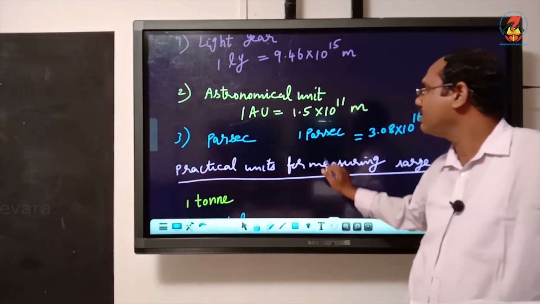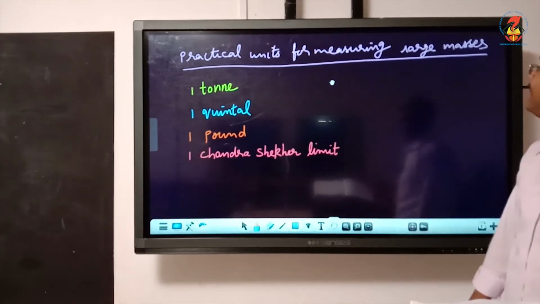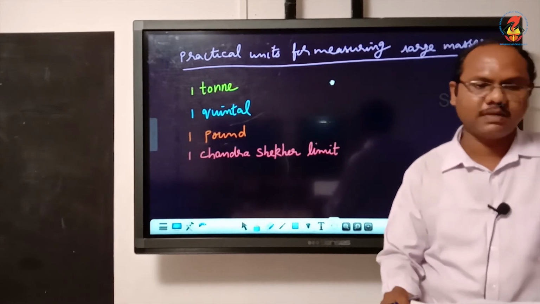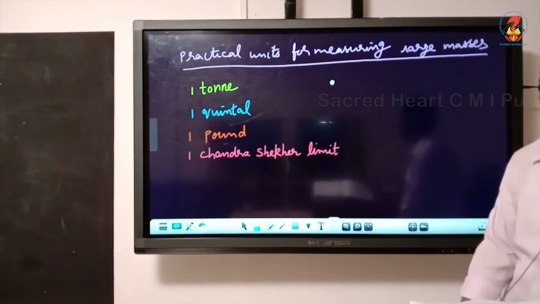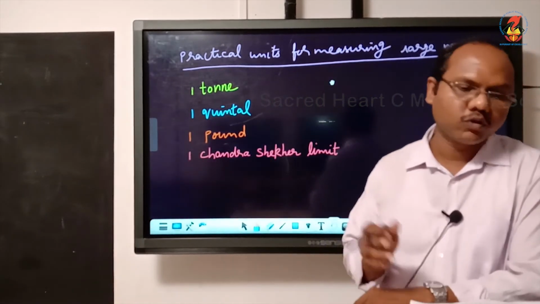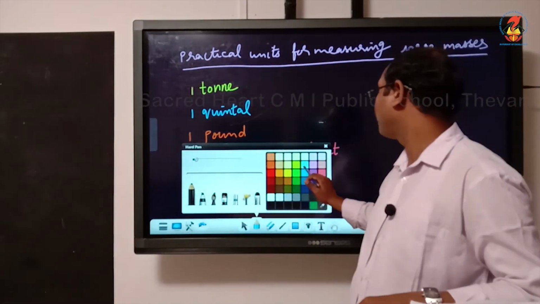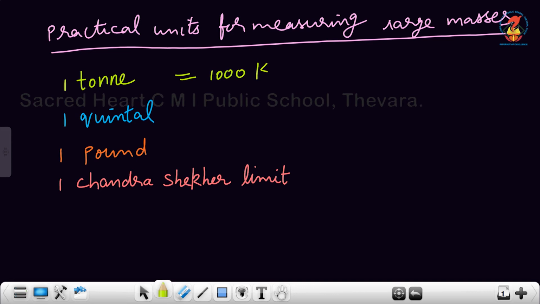Now let us move on to the practical units of measuring large masses. The first one is ton. We can say either 1 ton or metric ton. Both of them are same. So 1 ton is equal to 1000 kilogram.